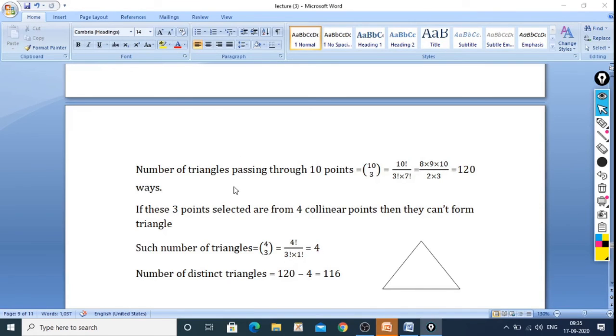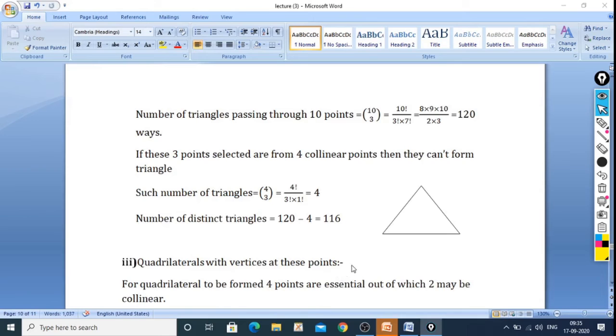Now the number of distinct triangles is 120, because out of 10 we are selecting 3, minus the collinear ones. Due to collinear points we are getting 4 triangles which are counted here, but they will not form a triangle, so subtract those. So 120 minus 4, that is equal to 116 triangles we will get from these points.